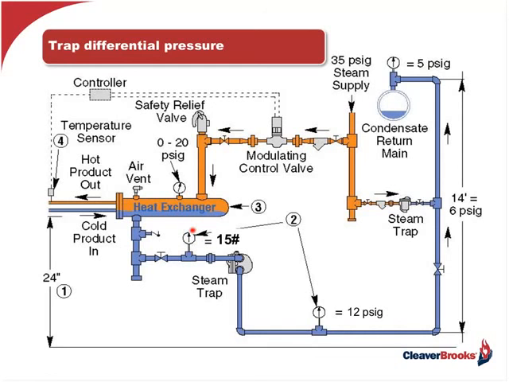I've got 6 pounds of vertical lift, and some resistance also in the pipe, and then I've got 5 pounds in my condensate return. So I've got 11 pounds total. I've got to have 12 pounds at least to overcome that static head and get my condensate into the condensate return line.